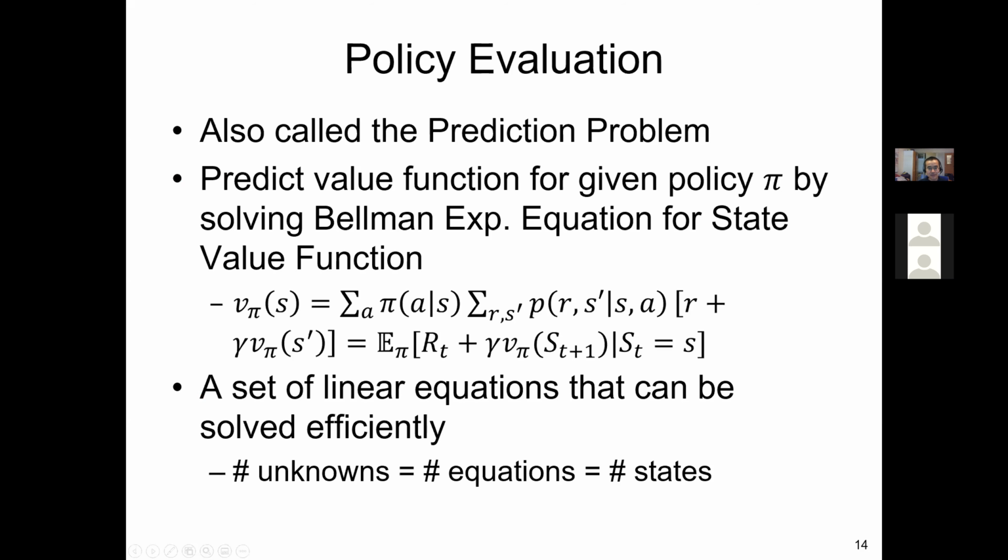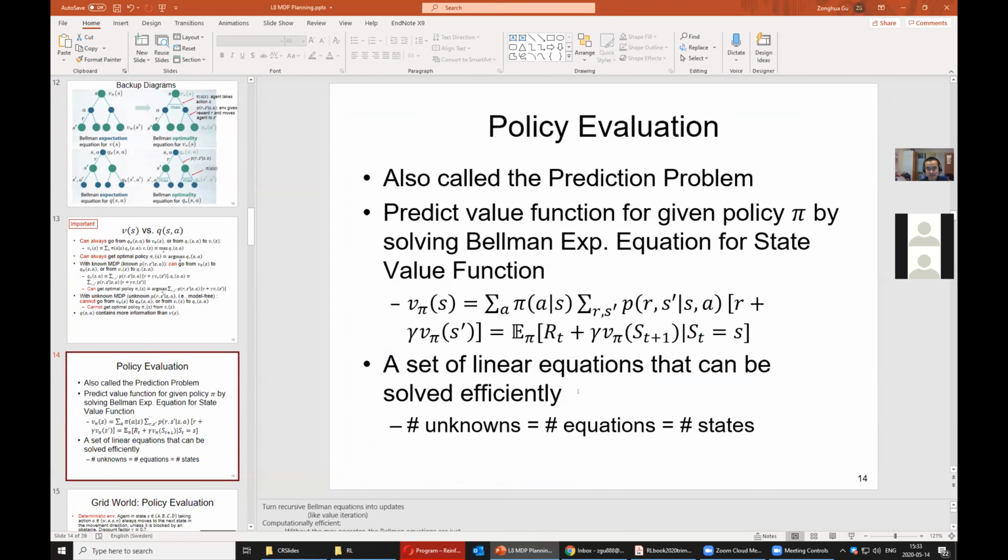So you just solve this Bellman expectation equation for the state value function, either analytically or by iteration. If the system is small, you can solve the linear equations efficiently. But if the system is large, by large I mean millions of states, then perhaps your solver will run out of memory, and then you need to do iterative solving.